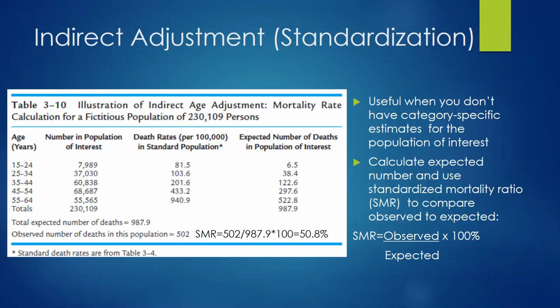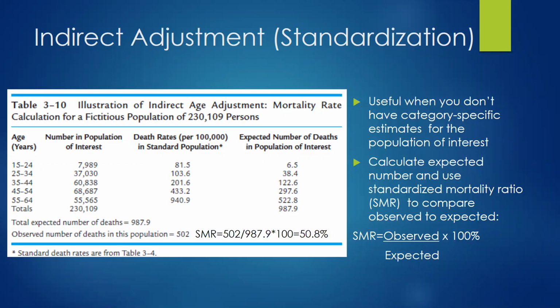So the other approach, if you don't have those age stratum specific estimates, you can use indirect adjustment or indirect standardization to account for differences in your population. In this approach, you actually use the stratum specific estimates from the standard population. So that's this middle column here in the slide.